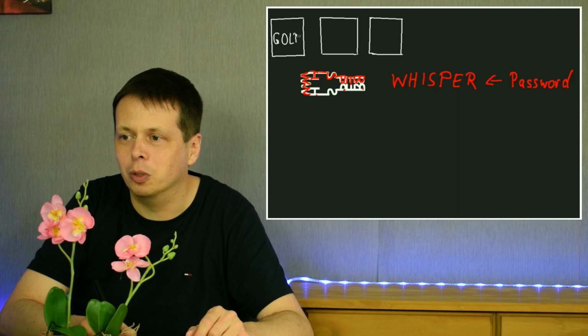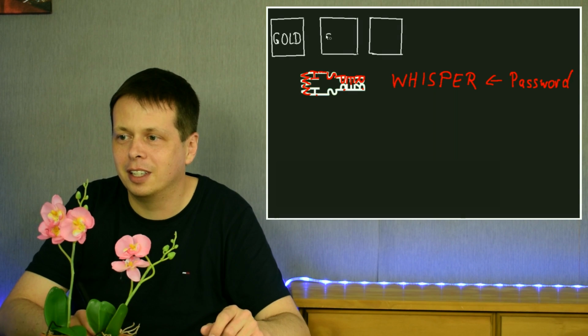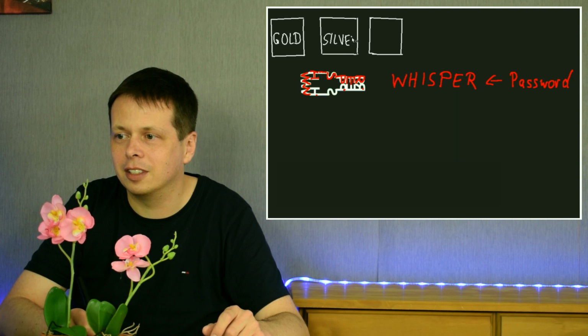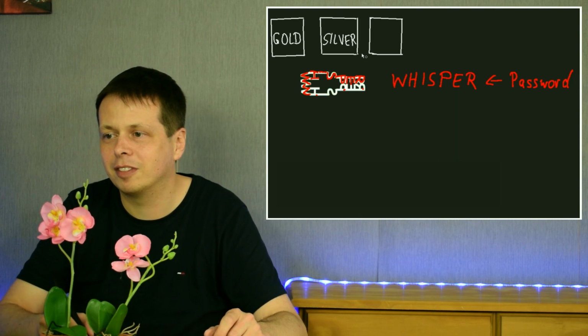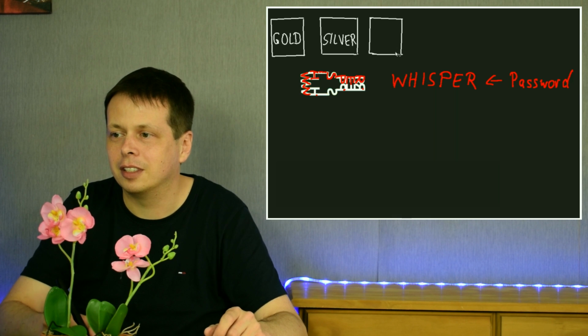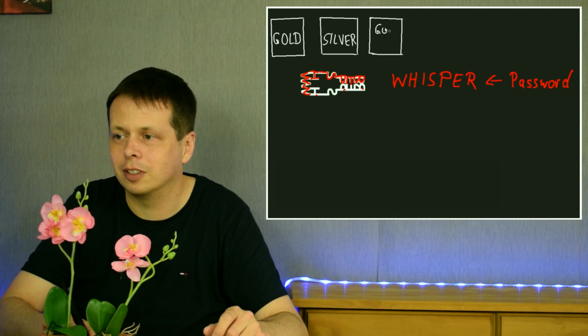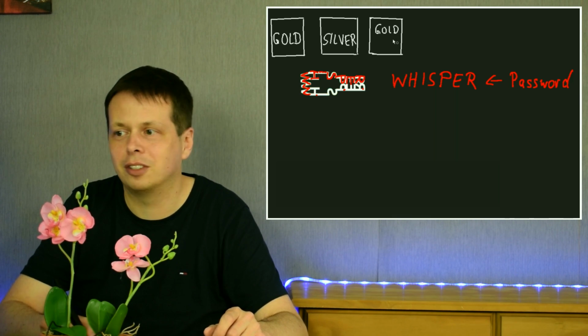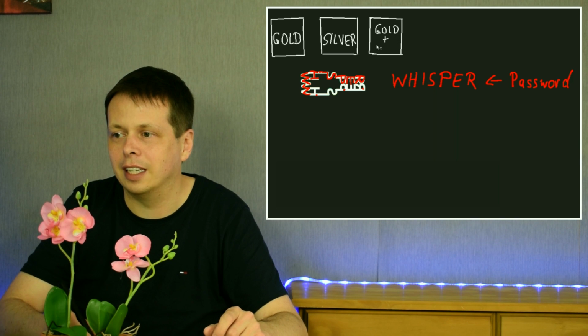So here is gold. Second is silver. And the third box contains gold and silver.